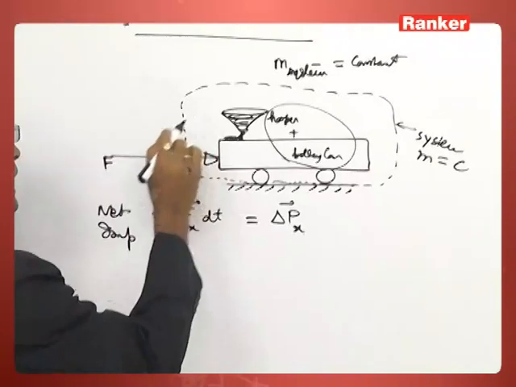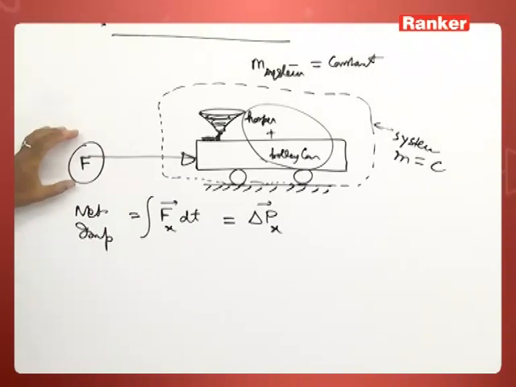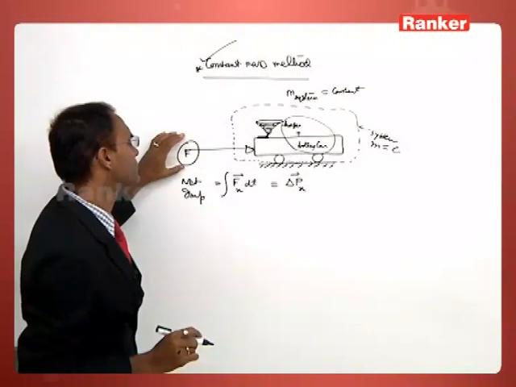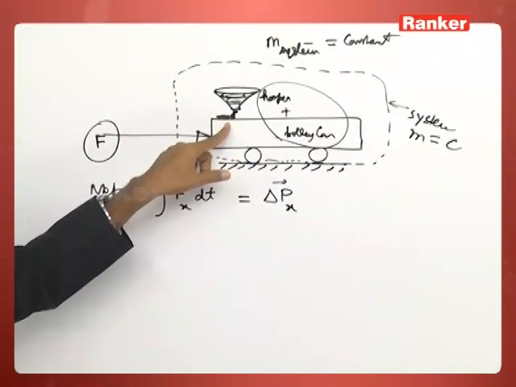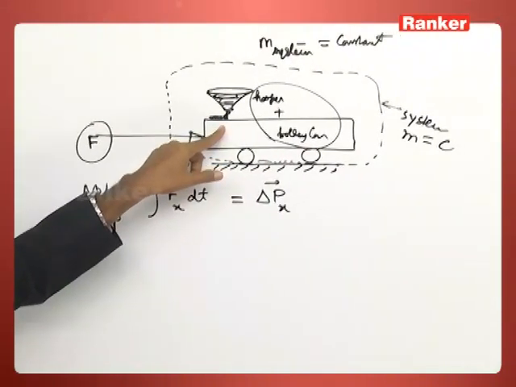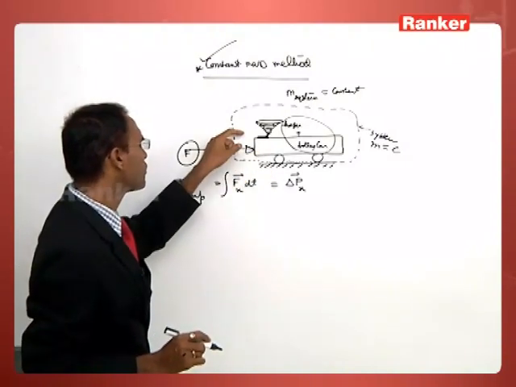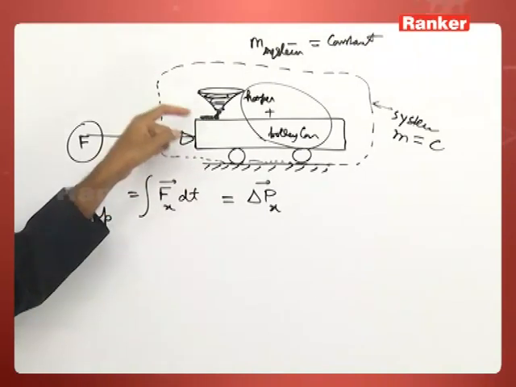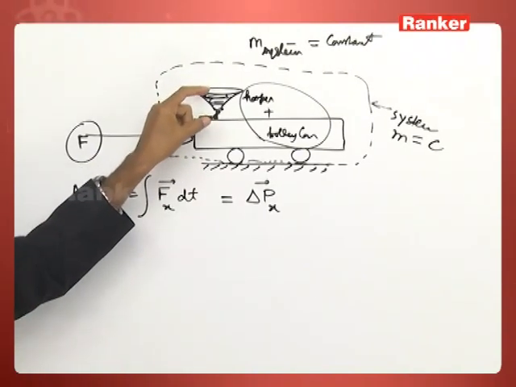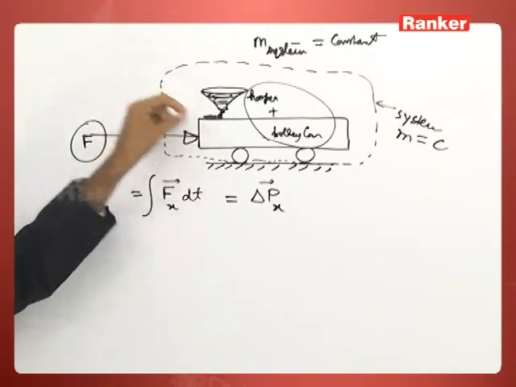the impulse of the net force, that is this applied force. You cannot take the impulsive force or the impact force. Impact force may be acting on the trolley car, and the same impact force of the same magnitude is also acting on the hopper or the sand falling on the trolley car from the hopper.